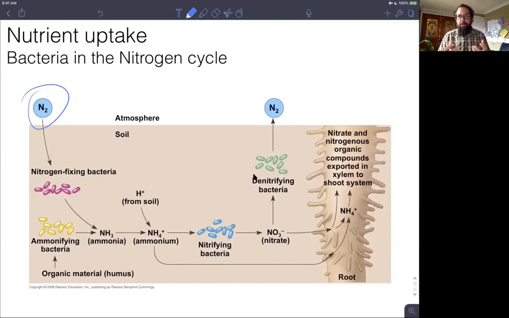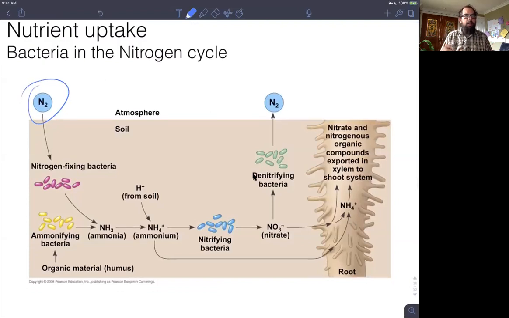Nitrogen is an essential macronutrient, and so they need it in large quantities, but although it's very available in the atmosphere, we can't get it to the plant without converting it. Bacteria play a huge role in what we call fixing nitrogen, taking that atmospheric nitrogen and making it into a form, nitrates or other nitrogenous compounds like ammonia and ammonium, that the plant can actually use.